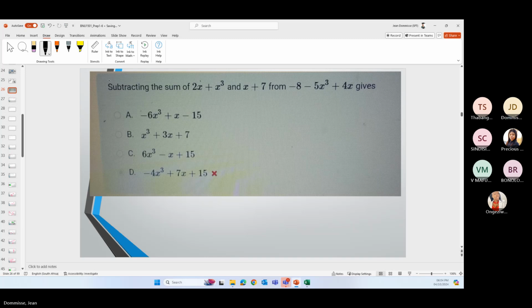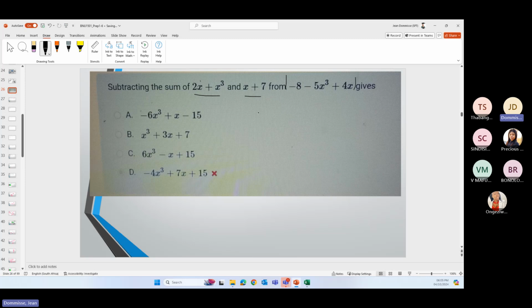So what they said is subtract the sum of this and this from this one. So you first need to do that sum, and then that answer you're going to subtract from this last one.